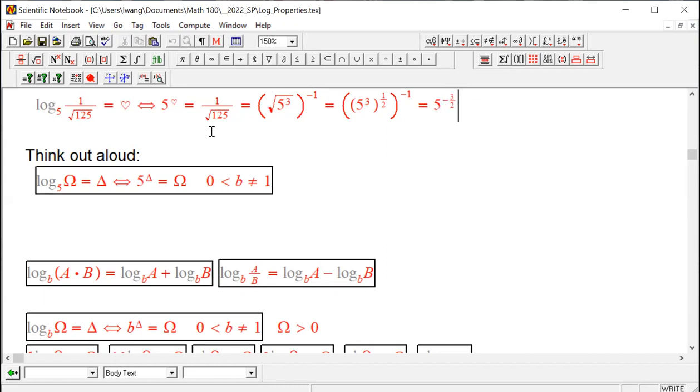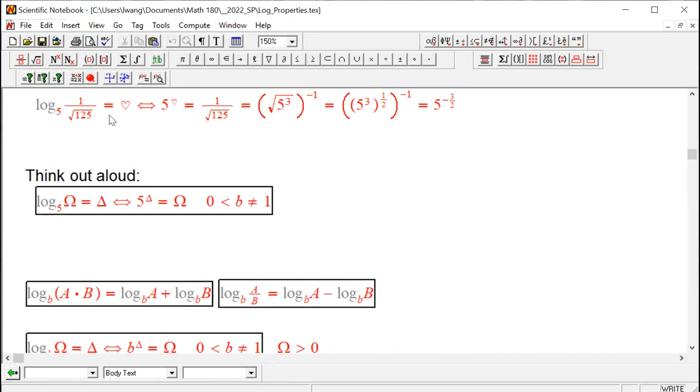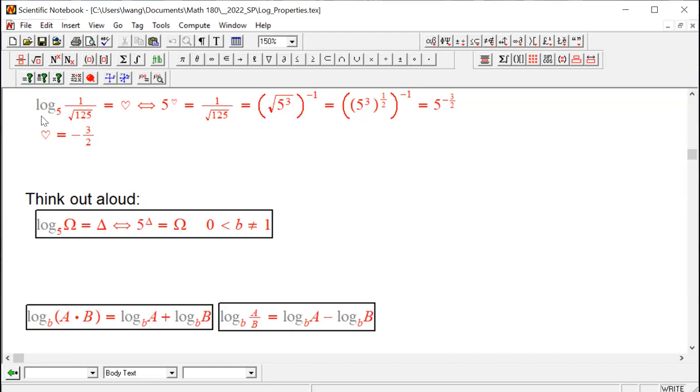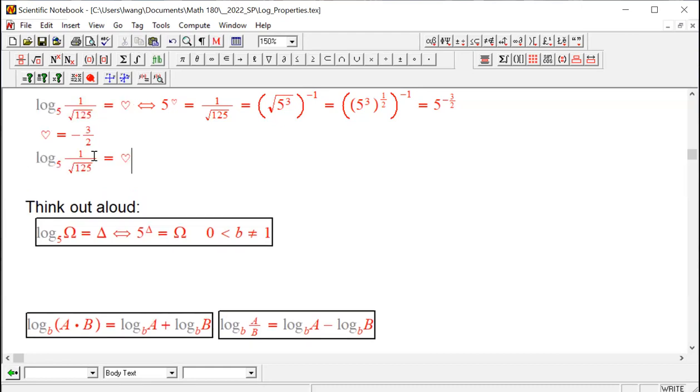Then you compare 5 to the power heart and that piece, and the heart is -3/2. It will be best if you tell the reader this piece equals the heart, and the heart is that piece.